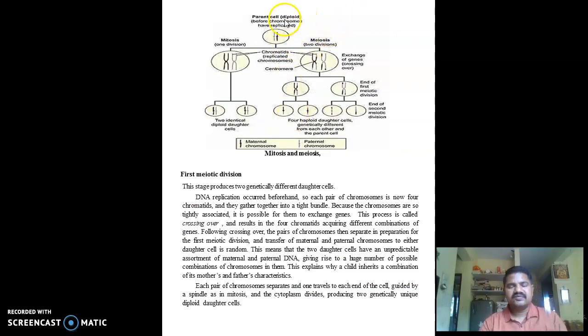Here in this flow sheet we can see the mitosis and meiosis processes from the parent cell. Mitosis produces 2 diploid daughter cells, both derived from the parent cell. Whereas in meiosis there is exchange of genes, because of the tight fitting of genes.